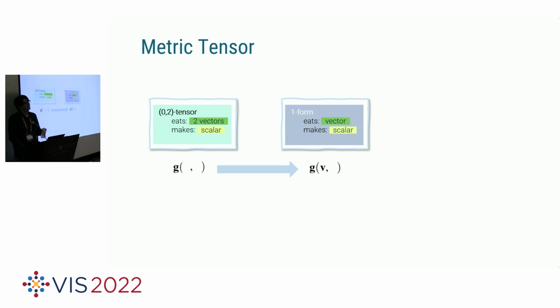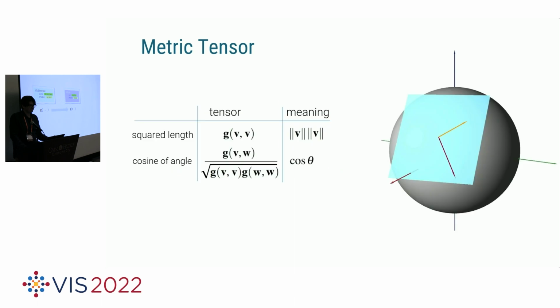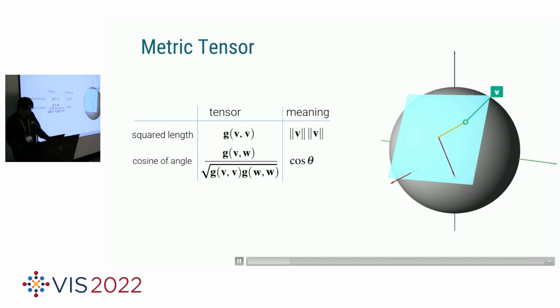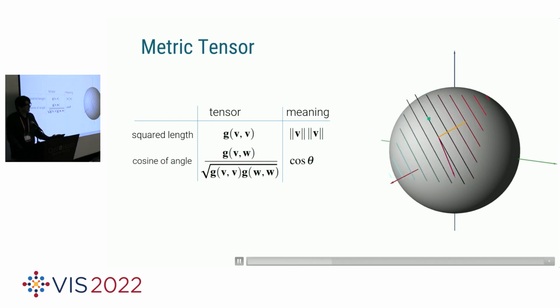We are using the metric to convert one of the vectors to a one form. So here the idea would now be that we get an intuition for how to use this to evaluate the squared length and the cosine of an angle on the sphere. So we take this vector v, we plug it into the metric tensor, we convert it to a one form.